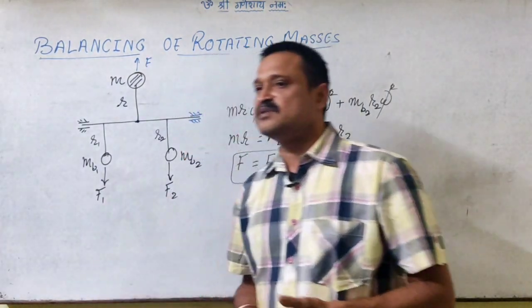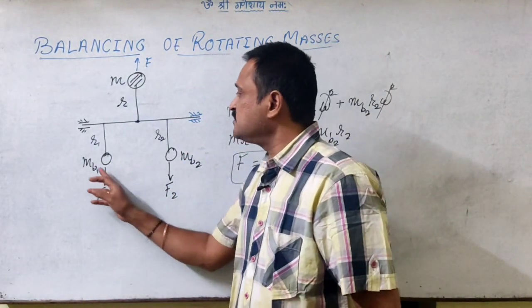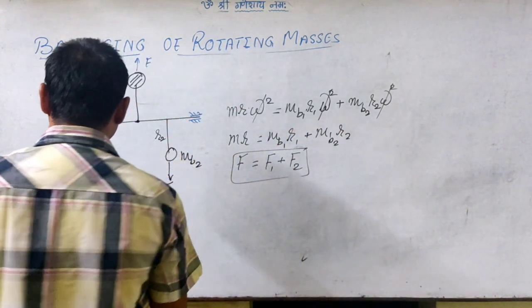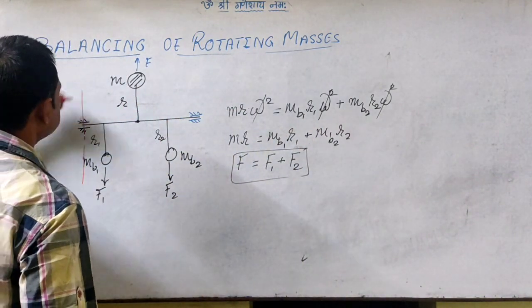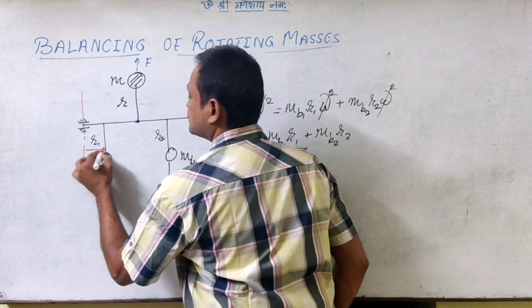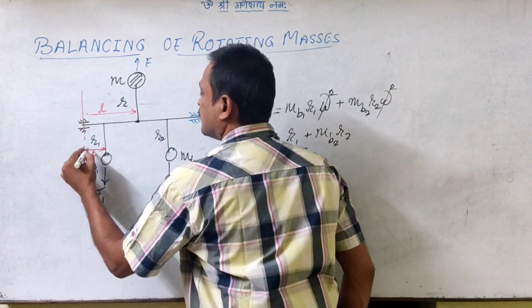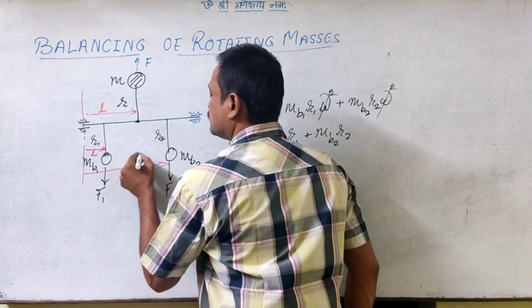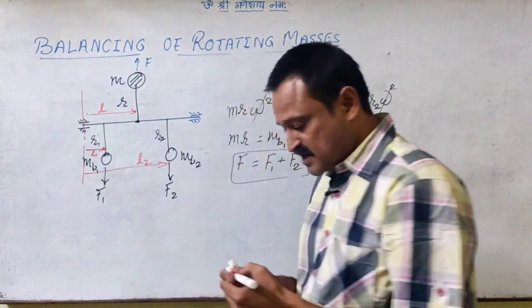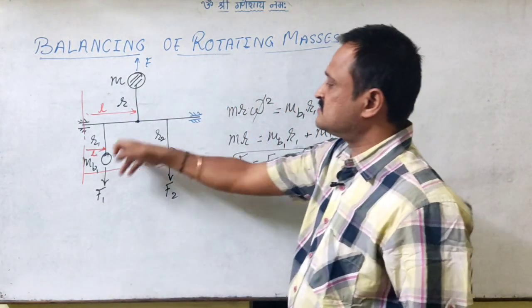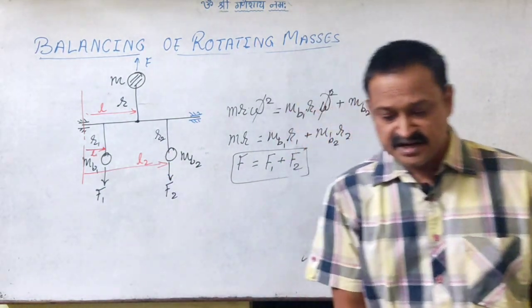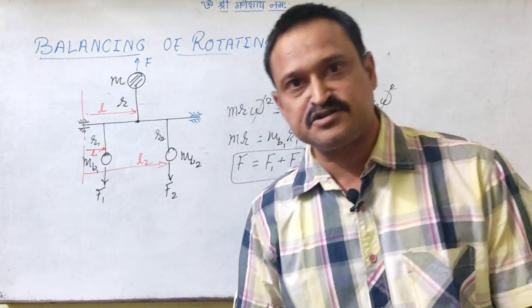But here again you will see that the moment due to these forces matters. If I select this as the reference plane, and say these are the distances L1, L and L2 from a reference plane, the summation of the moments due to all these three forces needs to be 0.